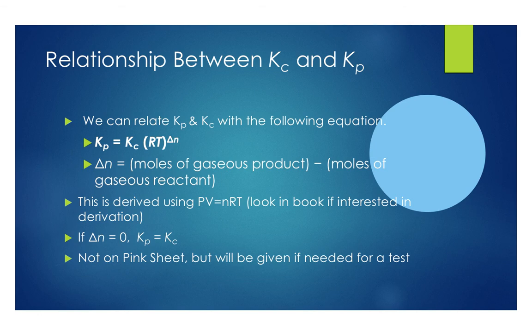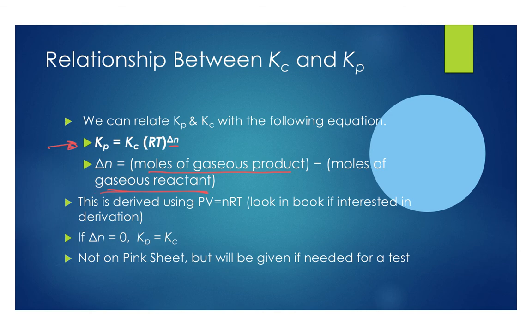We can relate them using this equation: the pressure equilibrium constant Kp is equal to the concentration equilibrium constant Kc times the gas constant R times the temperature T, raised to the power delta n, which is the moles of gaseous product minus the moles of gaseous reactant.